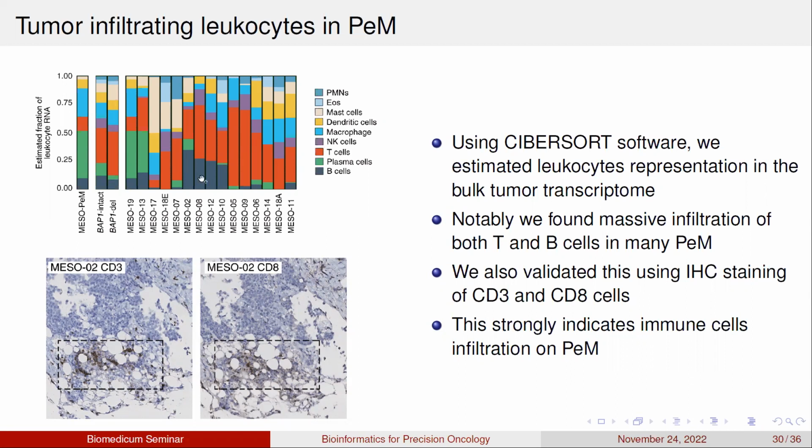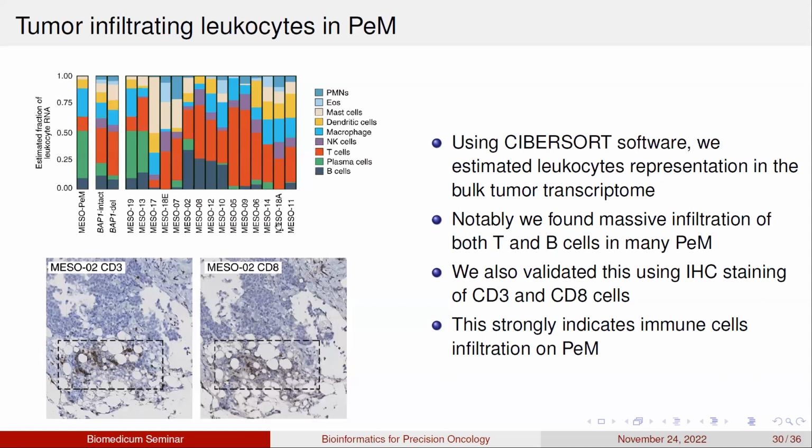Especially, we can see that there is a massive infiltration of T cells, highlighted in red over here, and the B cells, highlighted in the gray color. So T cells and B cells were massively infiltrated in a majority of the tumors.